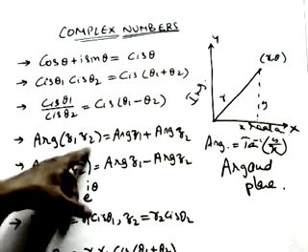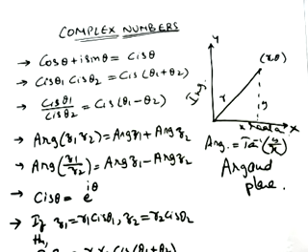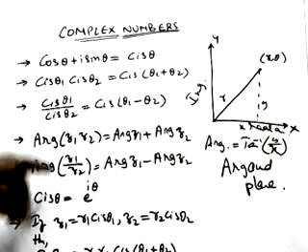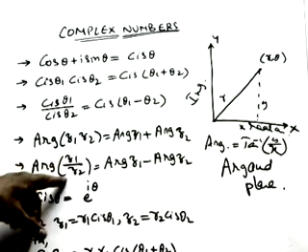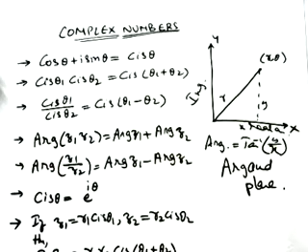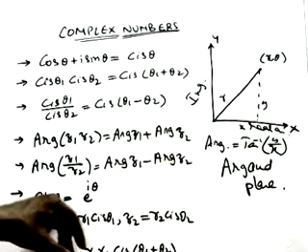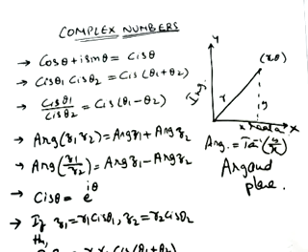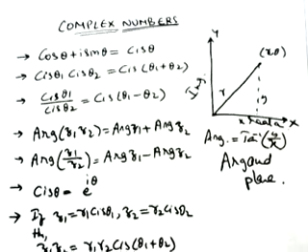Here also we have a few formulas. Arg of z1 z2 equals arg of z1 plus arg of z2. Arg of z1 by z2 is arg of z1 minus arg of z2. Also sometimes we can use this formula, cis theta equals e power i theta.